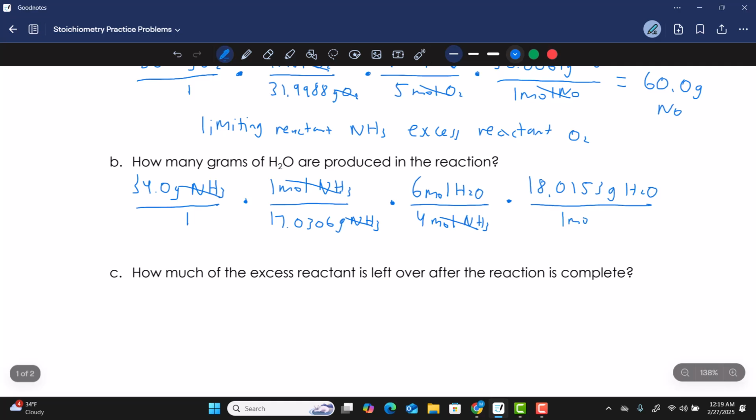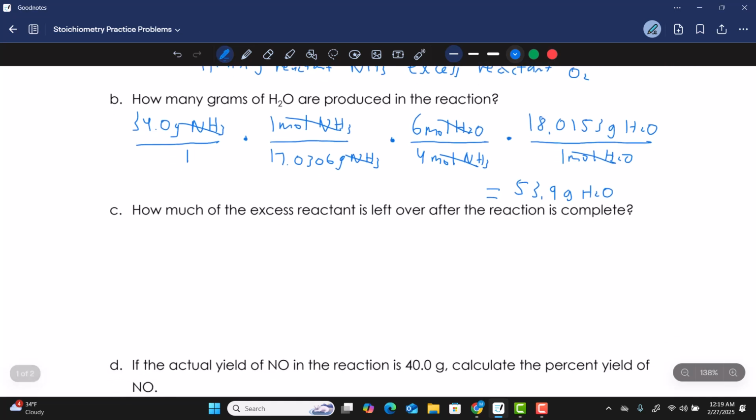And then we would have moles of H2O on the bottom so that they can cancel, and when we type all of this into our calculator, we get 53.9 grams of H2O.